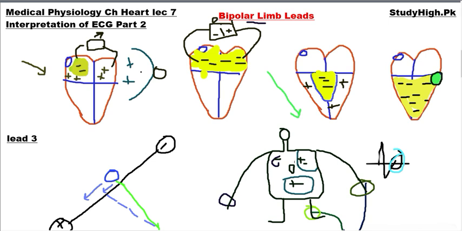So when we say we have connected the negative terminal of lead 1 with the right arm, we are indirectly connecting it with the fluid around the right side of the heart.